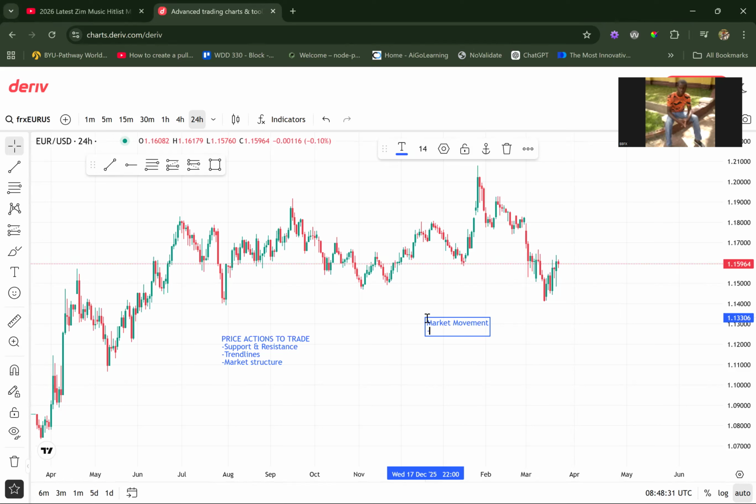The market will either be in an uptrend, a downtrend, or sideways. So the market moves like this.